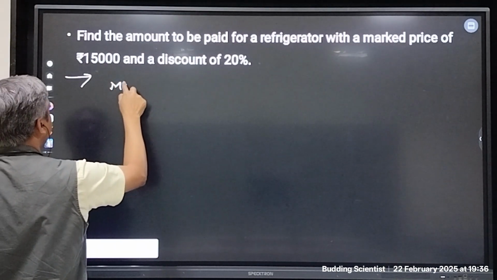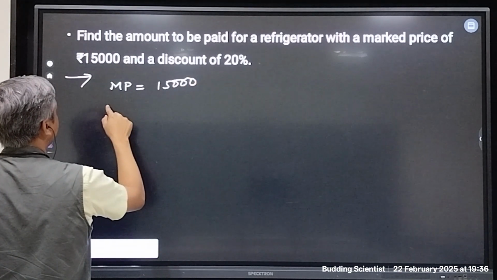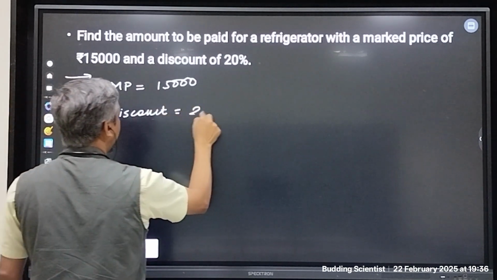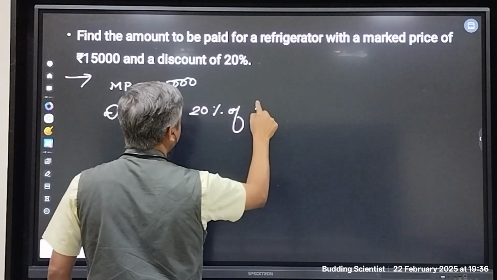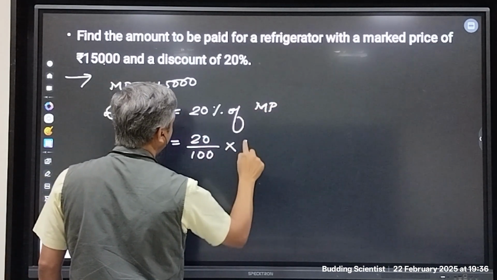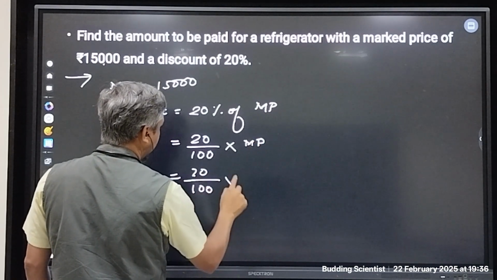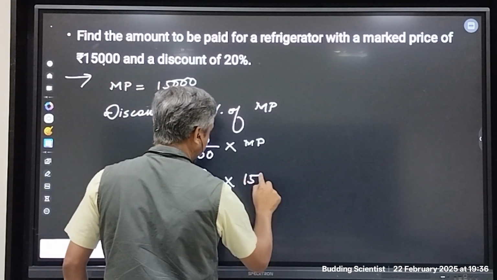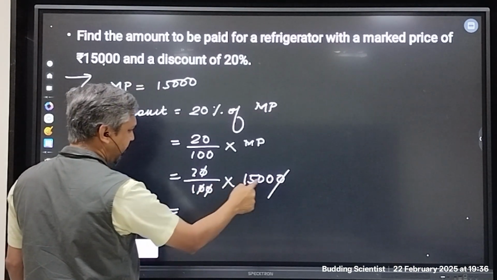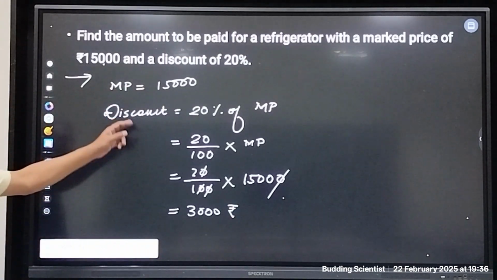So MP is equal to 15,000 and the discount will be 20% of MP, mark price, is equal to 20 by 100 into MP, which is equal to 20 upon 100 into 15,000, which is 3,000 rupees. So the discount would be 3,000 rupees.